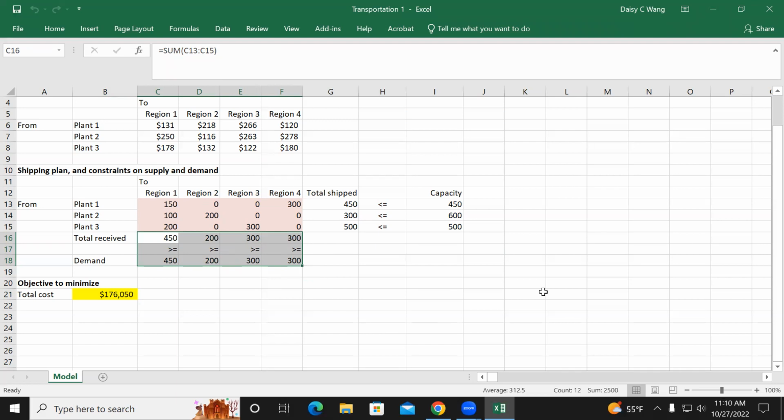You have to do the decision variable first, the pink area. Just the zeros. Very good.